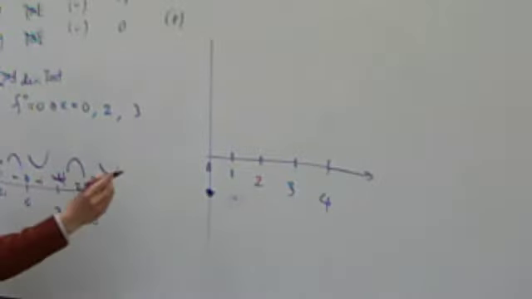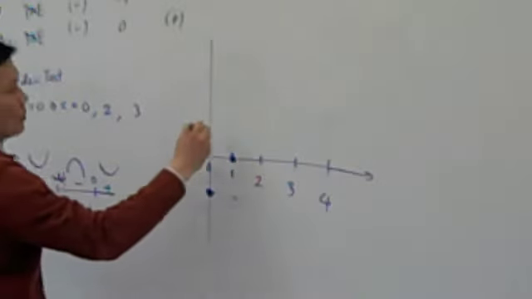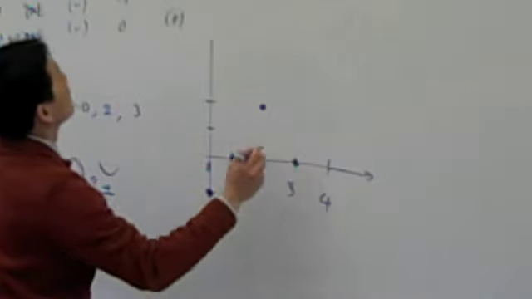This is our first point, 0 and -1. At x equal to 1, we got 0, so it's right here. At x equal to 2, we got 2. At x equal to 3, we got 0 again. And at x equal to 4, we got nothing, because it doesn't include x equal to 4.